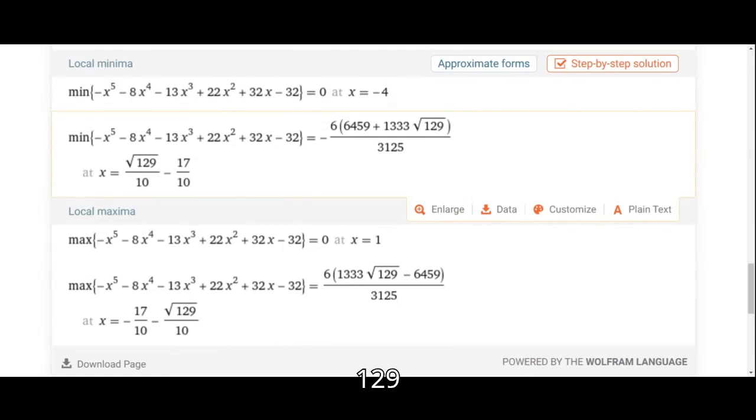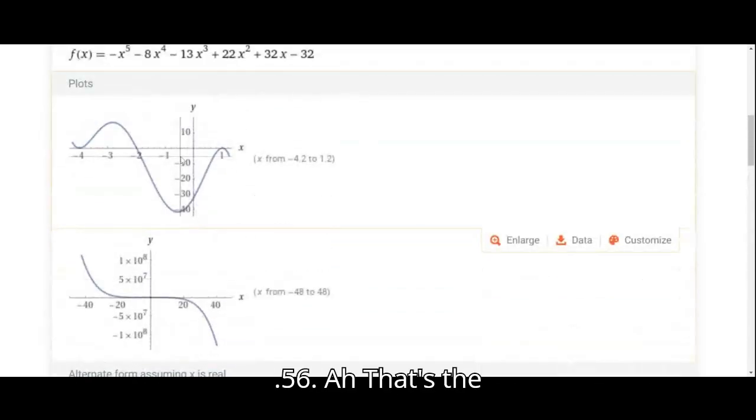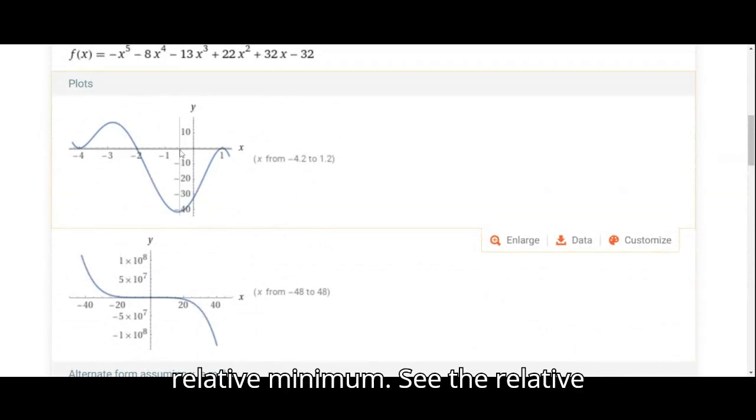Square root of 129, divided by 10, minus 17 over 10. -0.56. Let's see if that looks right. -0.56. That's the relative minimum.